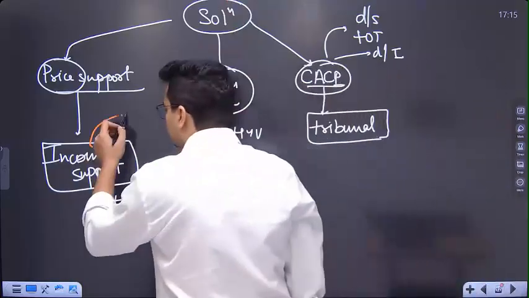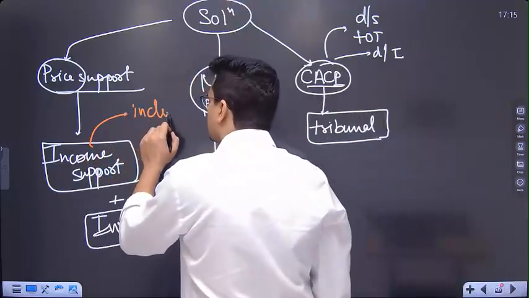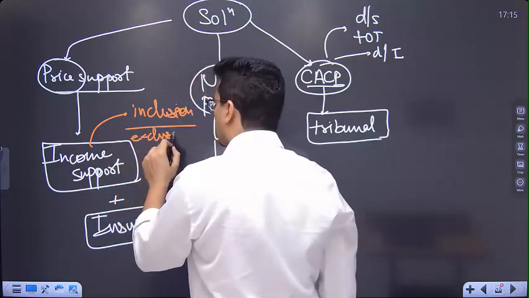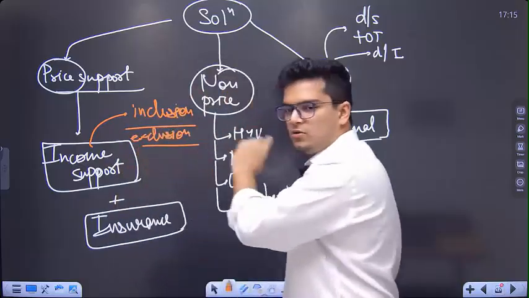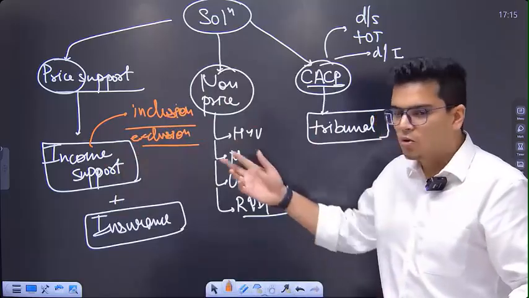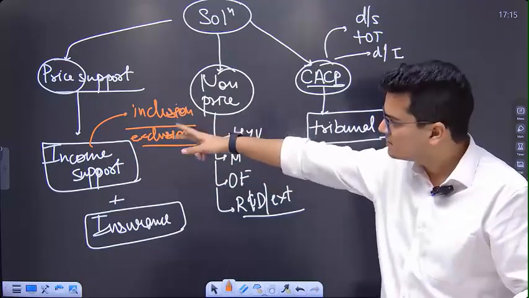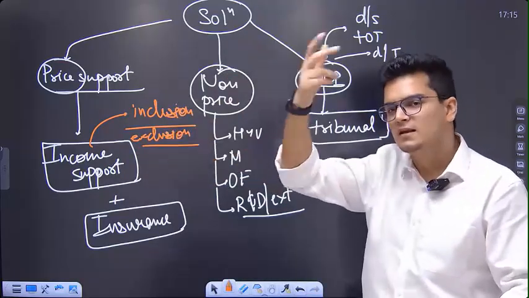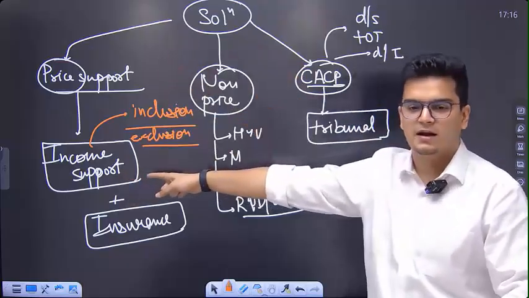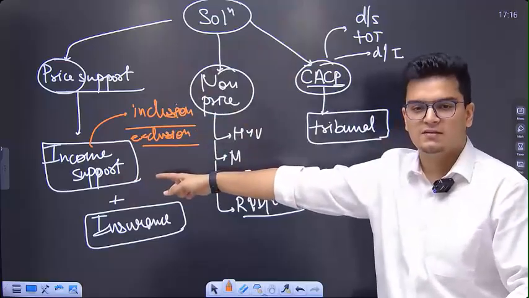But in income support, there is going to be inclusion and exclusion errors. All farmers are going to get this income support, every single one. Now, some people don't actually need this. That is the problem. But still, economically speaking, to not distort the open market, income support is a much better idea. And this is how the Chinese have also grown.